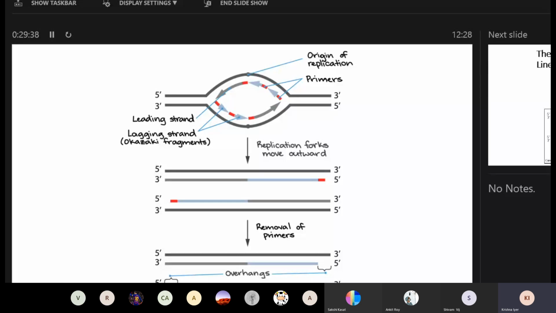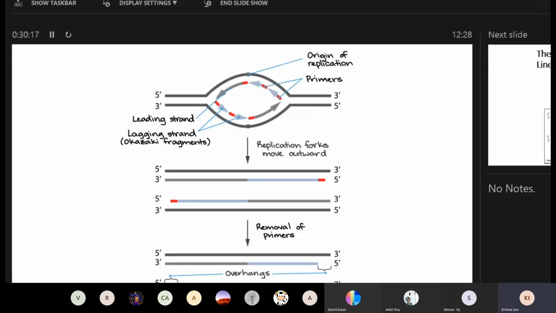So after a while, what happens is the RNA simply, because of its degradative capacity, gets automatically lost from this end. And since there is no polymerase which can add without a primer, this end will never get replicated. It'll stay as a little gap. And the same thing is going to happen on the other strand with respect to this direction, where this last primer which was added here will have a piece of RNA which can never get removed because there is no polymerase coming from here because there is no DNA left.